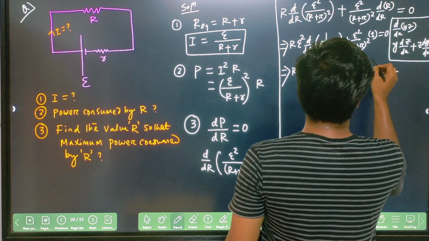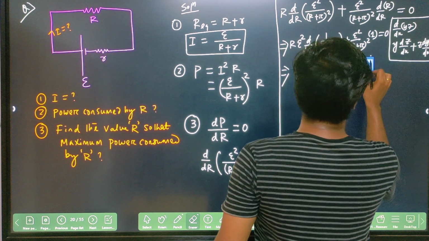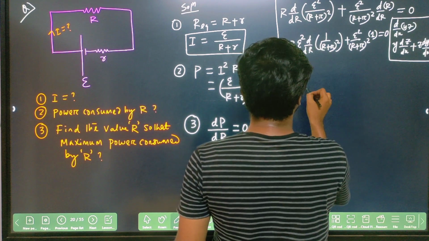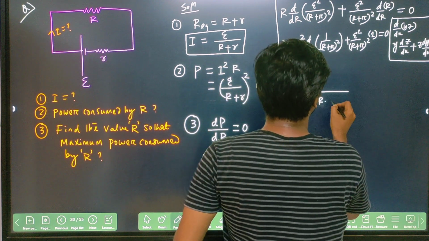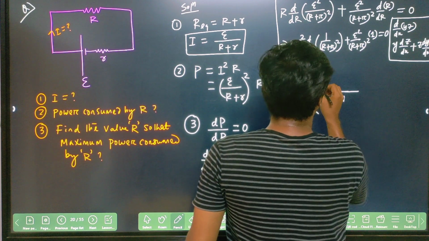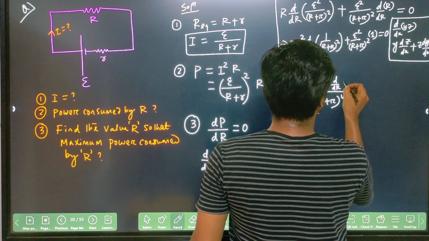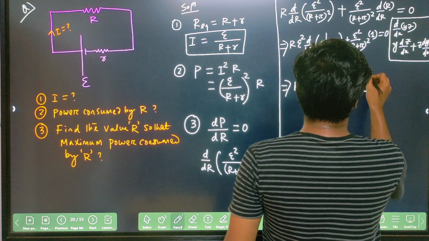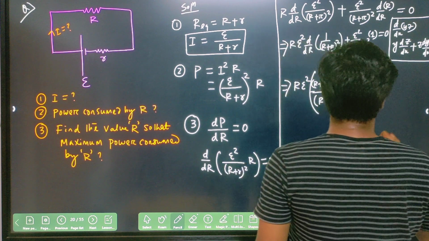Just a minute. Here I am writing, so this should be R E squared, because this place is occupied here, so I can write R plus r whole 4 into R plus small r whole squared into d by dR of constant 1 minus 1 into d by dR of R plus r whole squared. Clear?